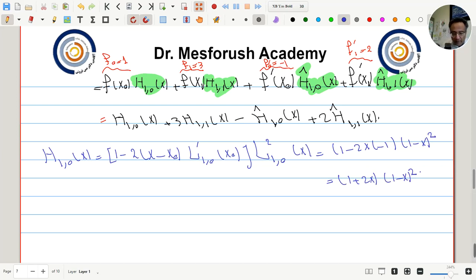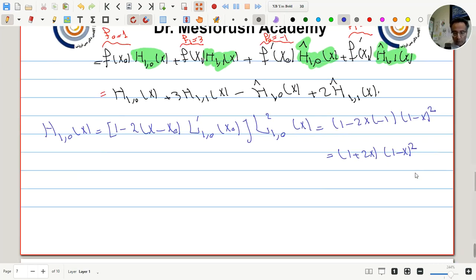In the same way, I can compute all of the other terms, okay? And if you do this, you can find H11 in fact. And note that here you have to do some extra computation for computing L10 and L prime 10 and so on.